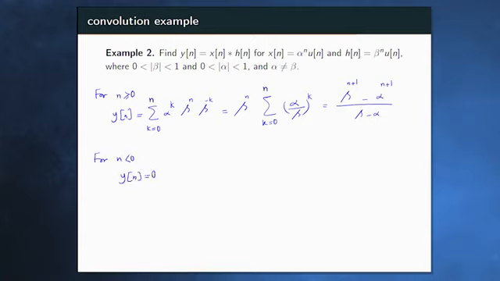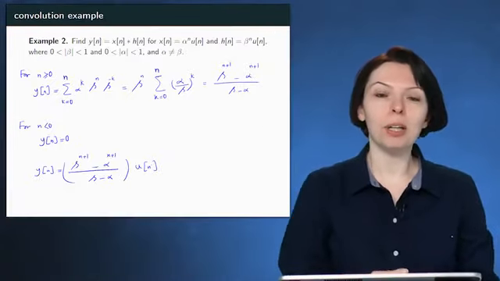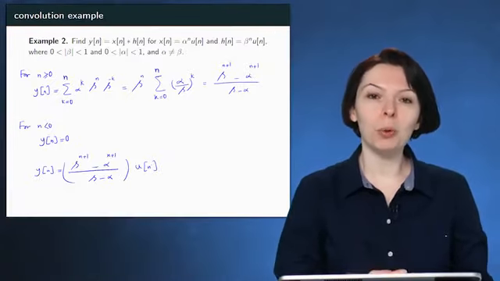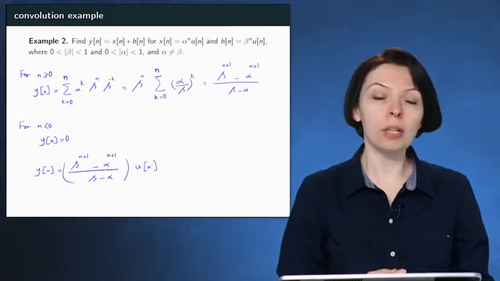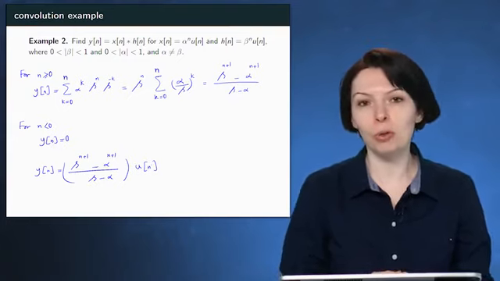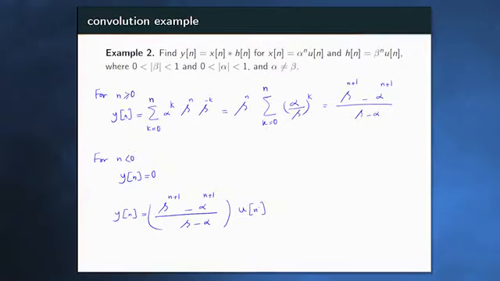Okay, I can simplify this expression and write y of n equals beta to the power of n plus 1 minus alpha to the power of n plus 1, divided by beta minus alpha, this whole thing multiplied by u of n. Multiplying this expression by u of n tells me that if n is a negative number, u of n is 0. So this expression is only non-zero for positive values of n.